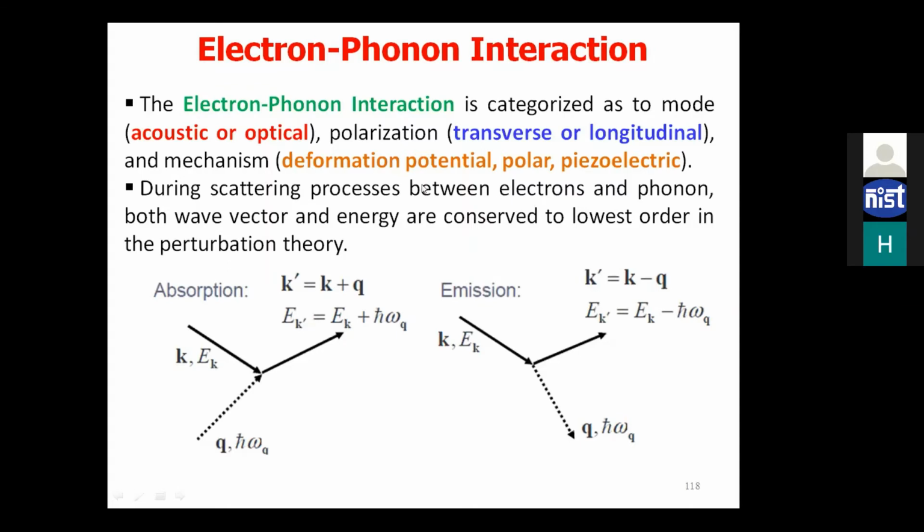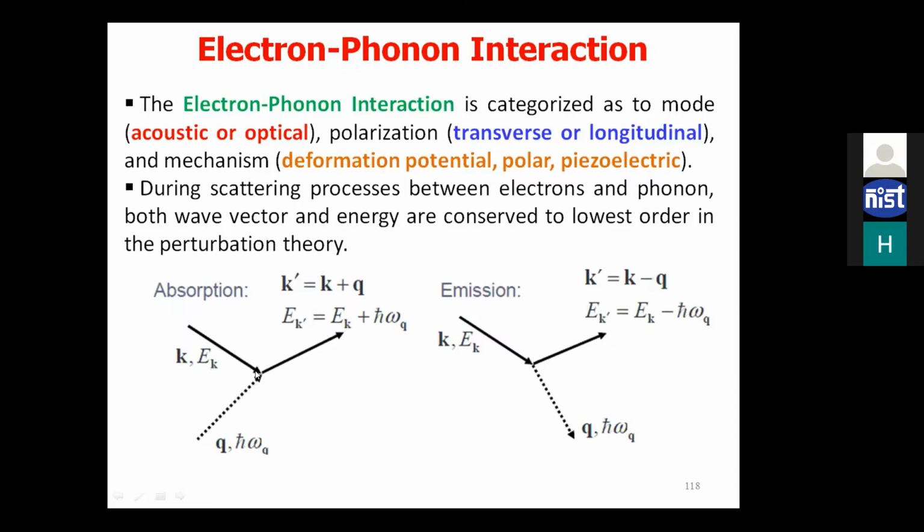During this scattering process between electrons and phonons, both wave vector and energy are conserved to lowest order in the perturbation theory. That means, let there be an incident electron having momentum vector k and energy Ek.